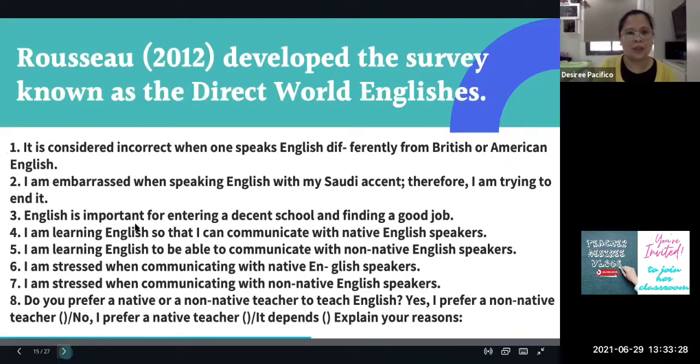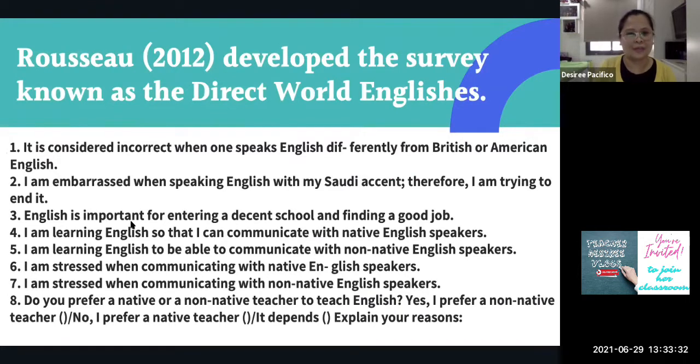So according to Russo, as per his survey known as the Direct World Englishes, it is considered incorrect when one speaks English differently from British or American English. And here are the different questionnaires that the students are to answer in the survey.